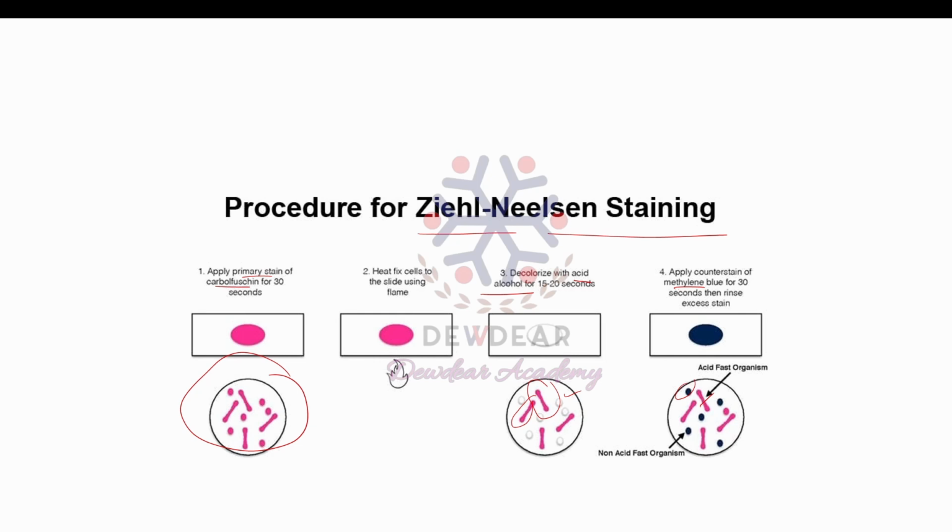The primary stain is carbol fuchsin, and when we add the acid alcohol solution, non-acid fast cells become decolorized while the acid fast cells remain red.